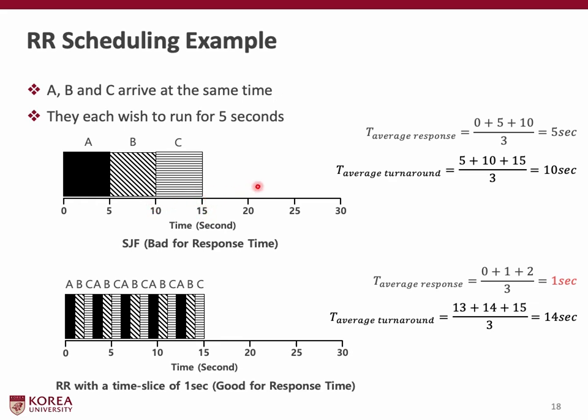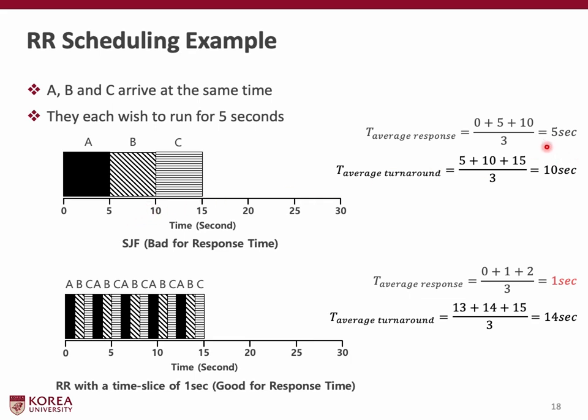In terms of response time, A has 0 seconds because it started immediately, and B has 5 seconds because it arrived at time 0 and started using the CPU at time 5. In the same way, C has a response time of 10 because it arrived at time 0 and started using the CPU at time 10, right?